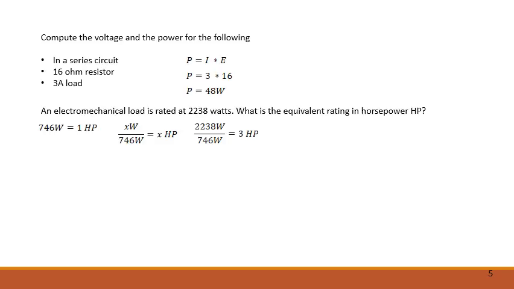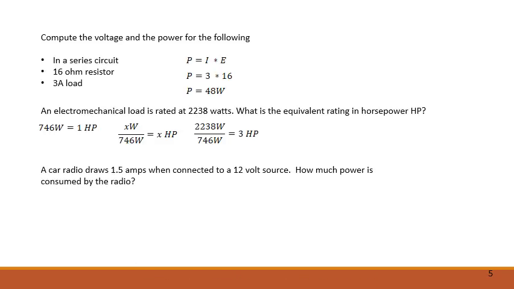So we can basically put it in an equation: X, which is the unknown, watts, divided by 746 watts, which is what we know a horsepower is equivalent to, gives X amount of horsepower. In this case, 2,238 watts divided by 746 watts will give us a total of 3, and that's 3 horsepower.